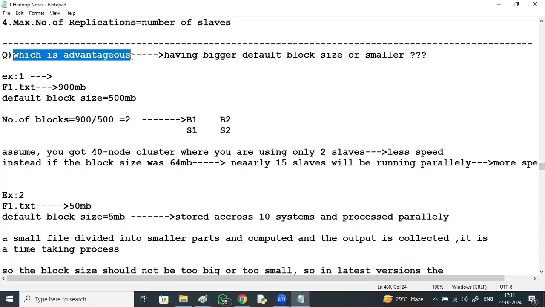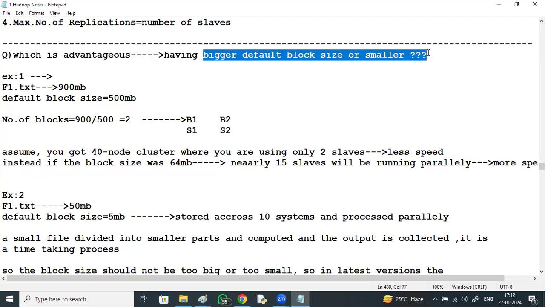Having a bigger default block size or a smaller one? Try to answer, everyone. We can set our own block size. I'm saying which one will be advantageous, having a bigger default block size or smaller? Based on the requirement, we can set.